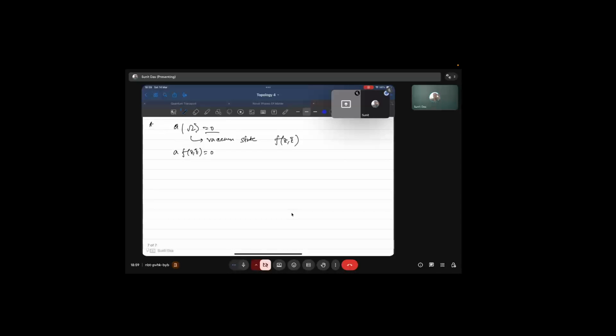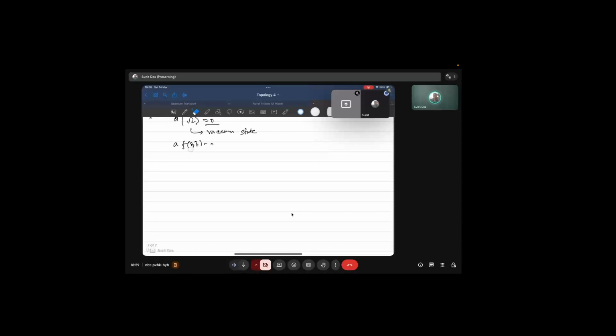So let's take that it will indeed be 0. Write this vacuum state in the form of an ansatz: my wave function, up to some normalization factor, is a function f of z times e to the power minus mod z square by 4 l_B square.